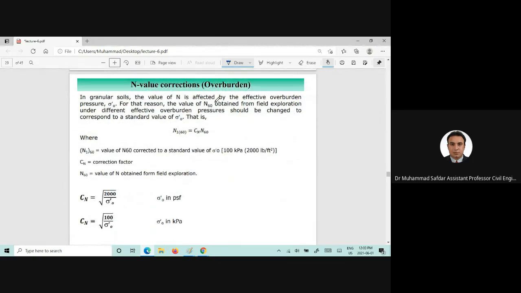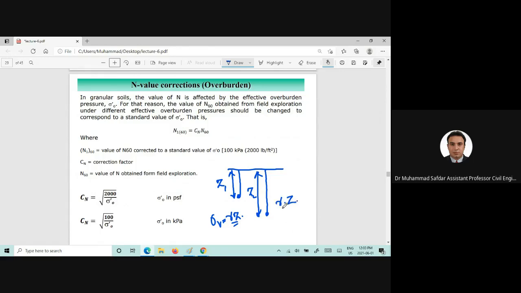Now, in cohesionless soils, as we discussed in Geotech 1 and Geotech 2, at a particular depth, like Z1, and here it's Z2, if you remember, it's gamma times Z, and here it's gamma times Z. So if we are talking about the effective stresses, or if we say this is sigma naught, that overburden will also increase the N value.